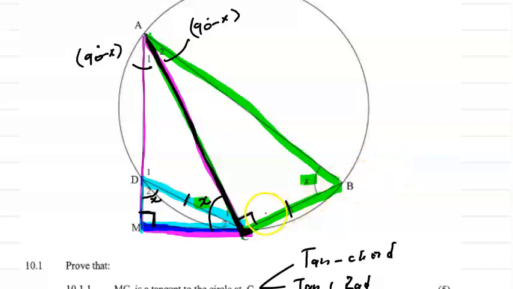So my first statement will be that 90 degrees. My second statement will be D2 equals B equals X, exterior angle of a cyclic quad. And then if you look very carefully, X and 90, so that's 90 minus X, remaining angles. And we've already shown that A2 is 90 minus X. So we've got our three angles.